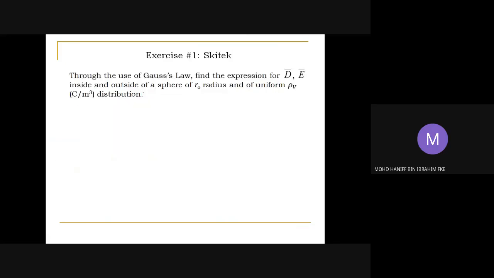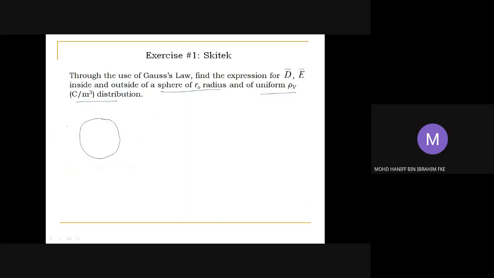Okay, let us proceed with exercise number 1, which is obtained from the Sadiku book. We are given a case of a sphere of radius R0 and uniform charge density rho v coulombs per meter cubed. If you sketch the diagram, you're going to have it like this.